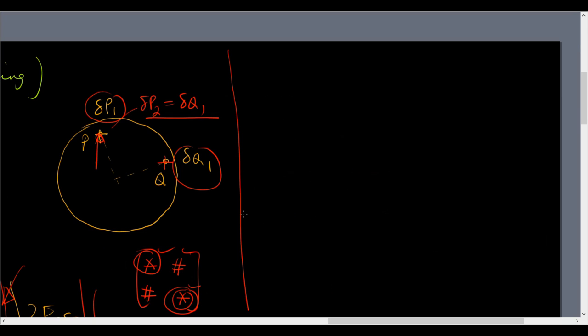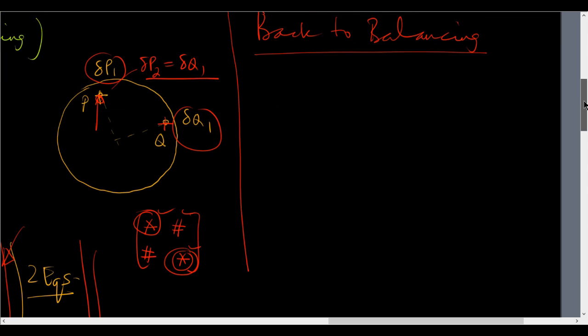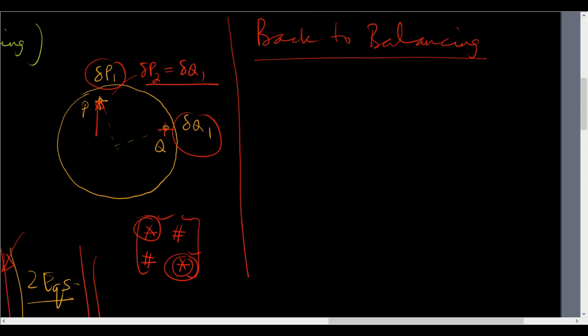With this idea, back to balancing. With this idea that there is this rotated effect, we can finally just look very briefly at single plane balancing.